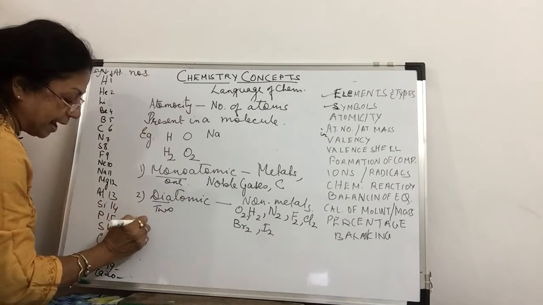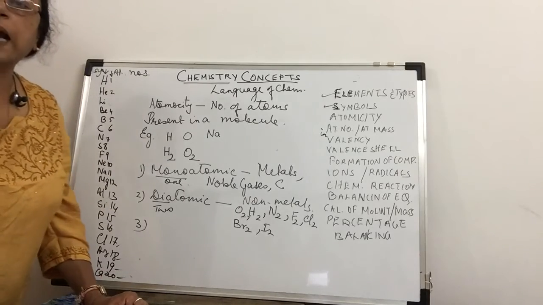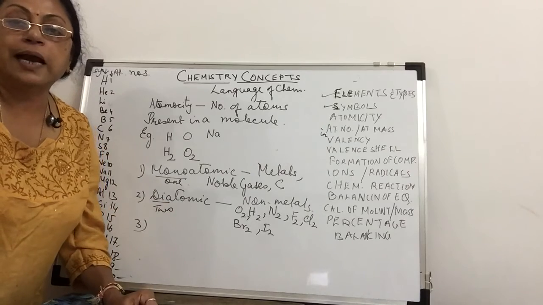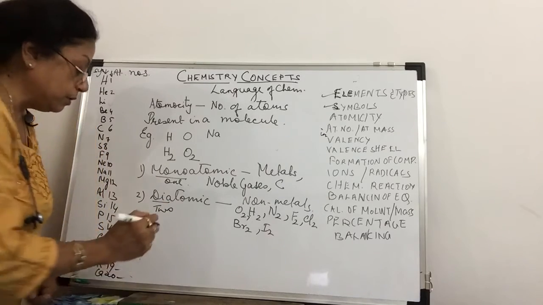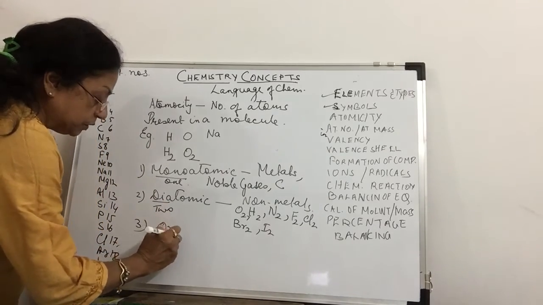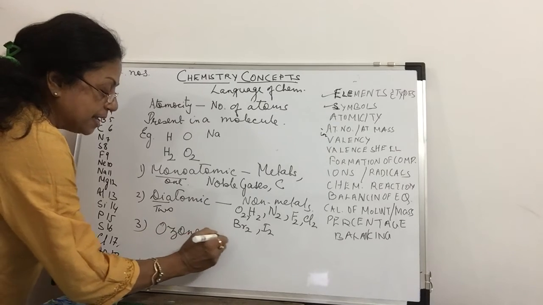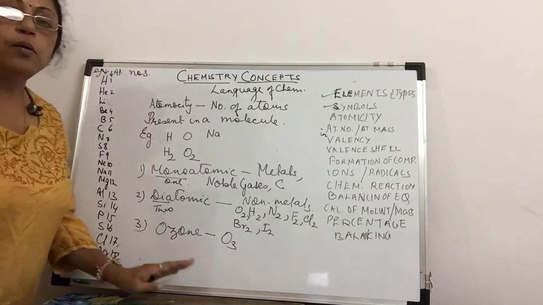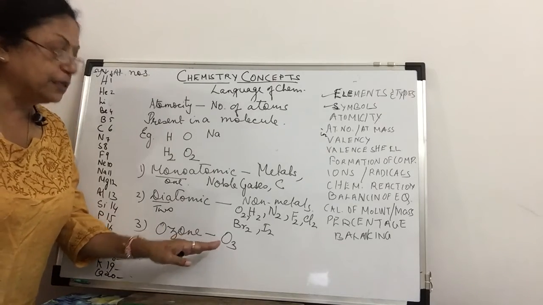Then comes triatomic. Which molecule is triatomic? There is one molecule, that is ozone, which we will be studying, O3. When we write ozone, it is written in this form, O3.